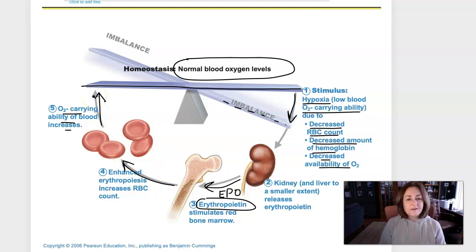Before I leave this slide, what I want to point out is there is no other side of the teeter-totter analogy here. We always go through the other side when we talked about the endocrine system. But if you had a blood oxygen content that was higher than usual, we don't monitor for that and we don't correct for that.